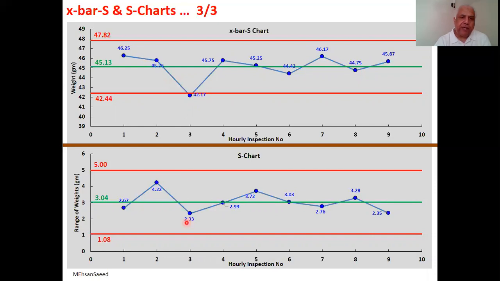Dispersion was fine, low dispersion, but because of this shift going out of control, all the deliverables coming out of this shift were rejected, because this inspection is being carried out per hour, and the sample has failed. Rest, it is all nicely flowing data either side of the center line, both in case of shift and dispersion.